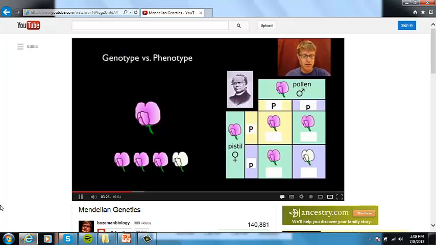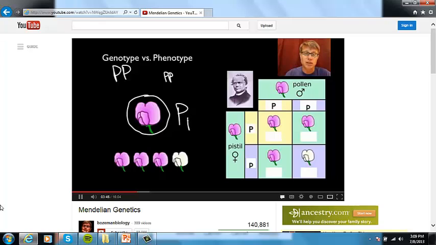The second cross is the one that was puzzling, and this is what he eventually figured out. These offspring right here were hybrid for the trait. If we look at the parents, big P represents the purple flower and little p represents the white flower, so each of these would be big P, little p. And so you can use a Punnett square.